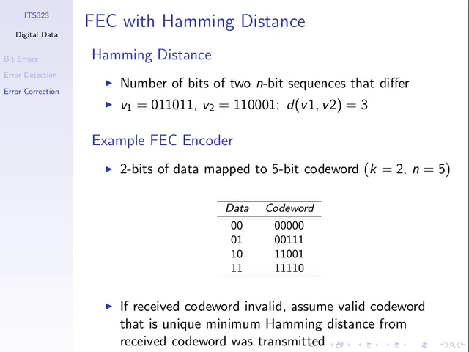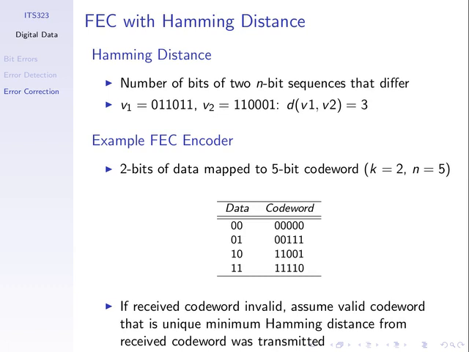This is just one example. The number of bits, 2 in, 5 out, may differ, and the mapping from the data to the code words may differ. And what the receiver does is that when the receiver receives a code word, first it checks if it's valid.